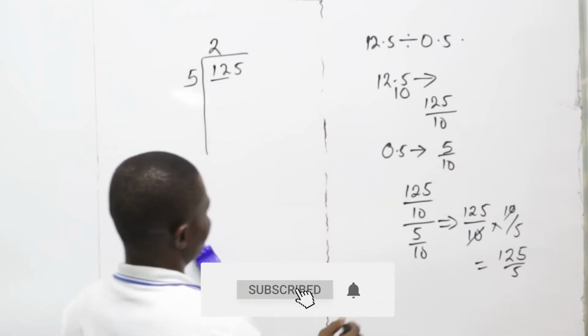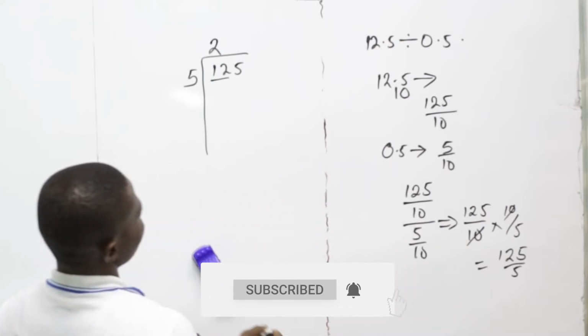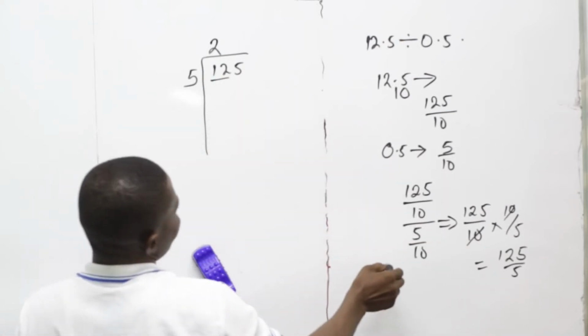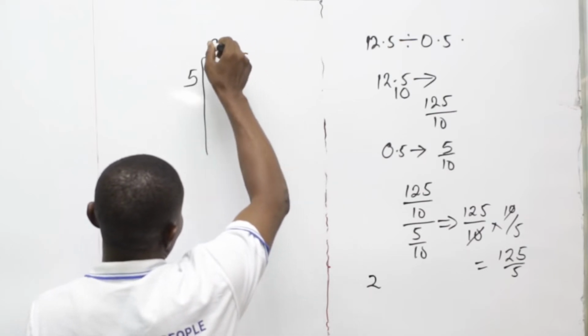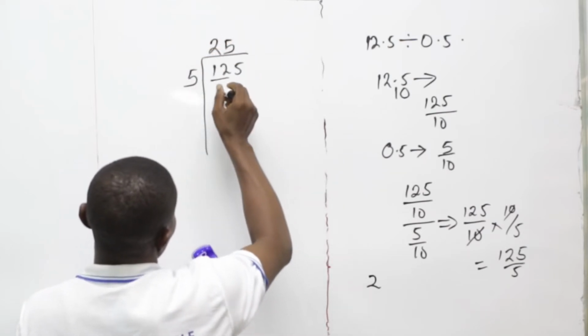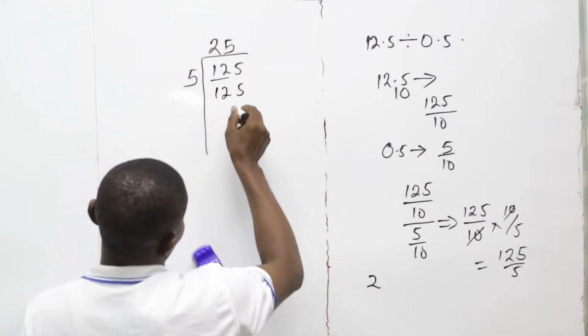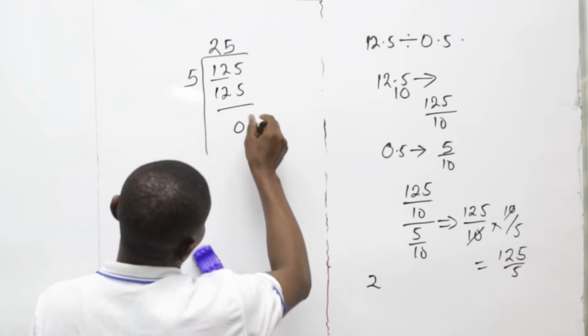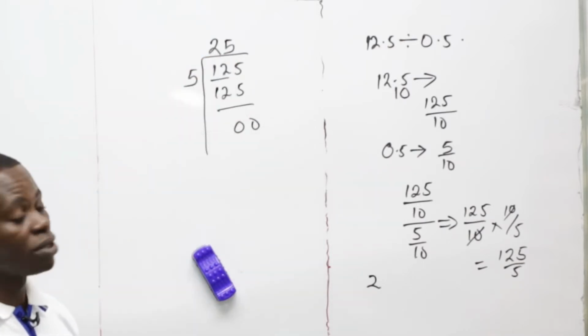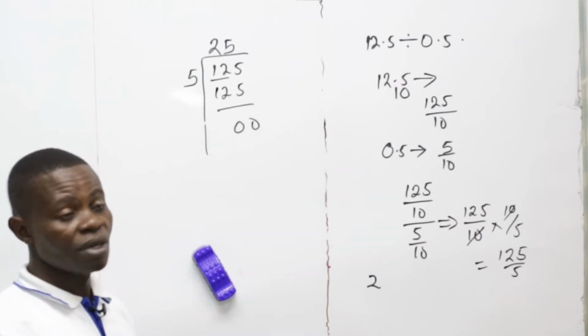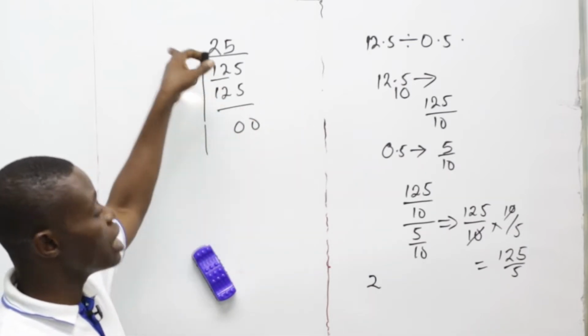Remember, 2. How many 5 are inside 25? 5. Then 25 times 5 is what? 125. So here is 0, 0. Reason: 125 minus 125 is 0. This one has come to the end.